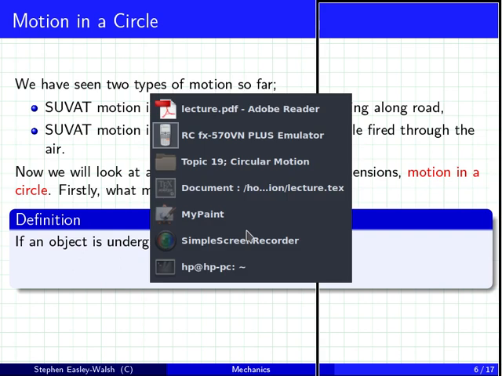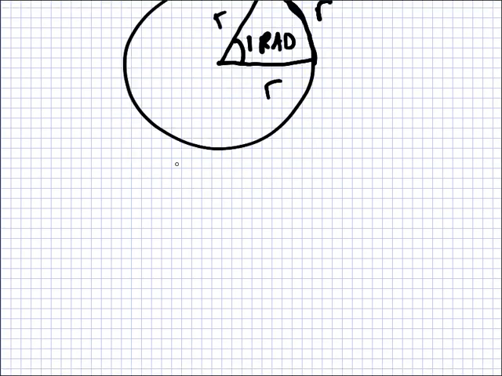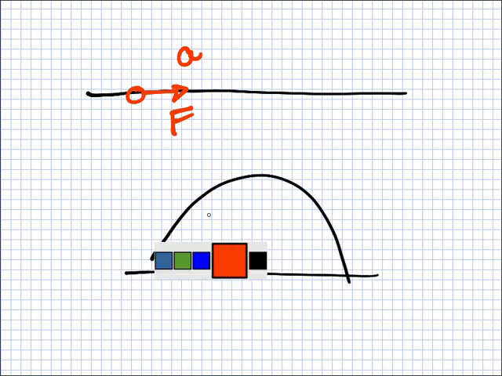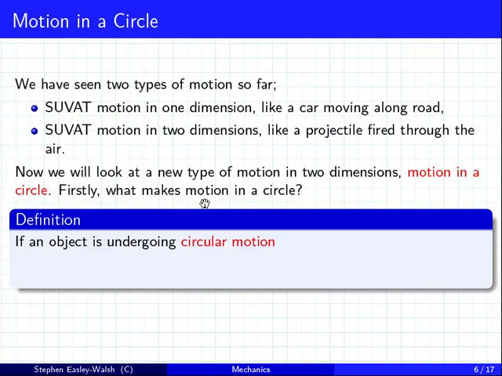For example, if something is moving in a straight line, it has an acceleration, then there must be a force like that, right? If something is moving in the air, then we know that there must be a force like that. My question is, if it's moving in a circle, what do we know about the force? Sorry, I'm not sure if you're saying anything or mumbling.